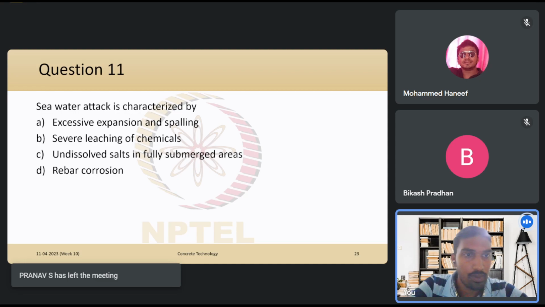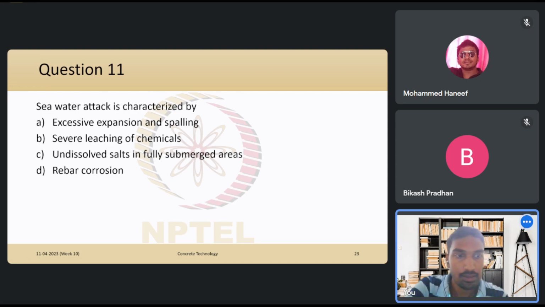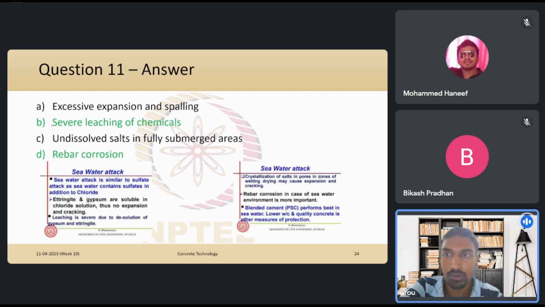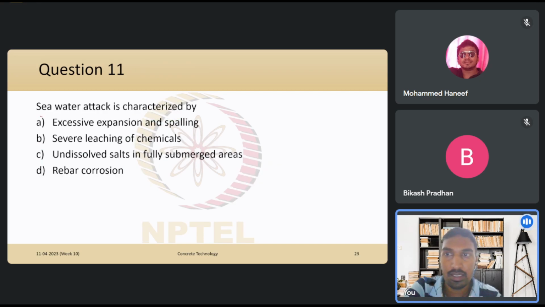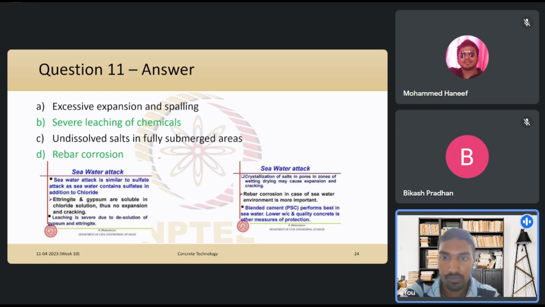Okay, so we have one vote for options C and D and one for B and D. So the right options are both option B and option D, right? Seawater attack. We already saw what happens in this seawater attack. There will be both sulfate as well as chlorides, which are generally present.